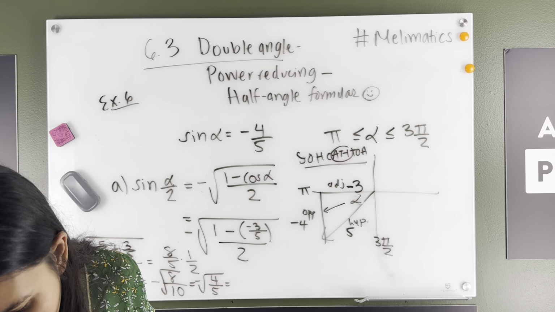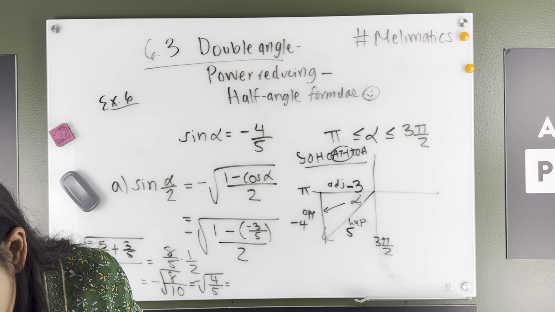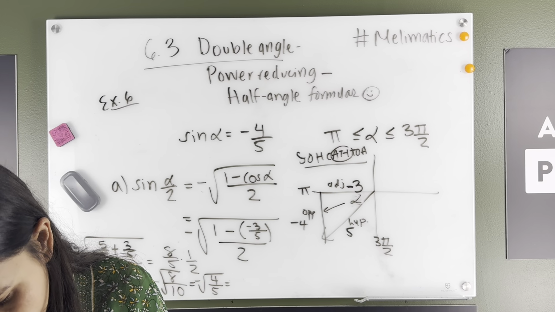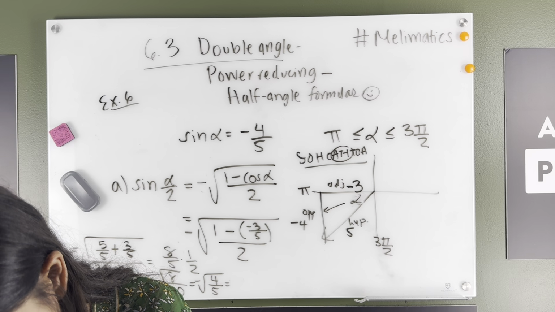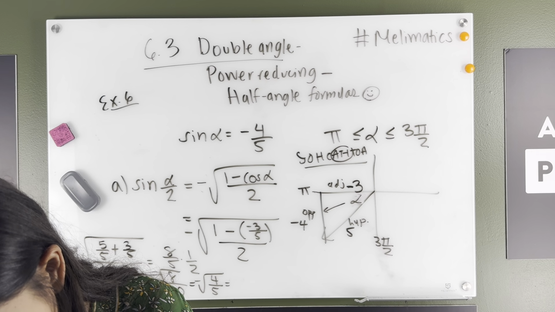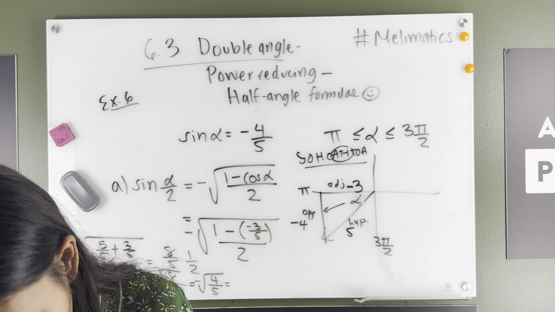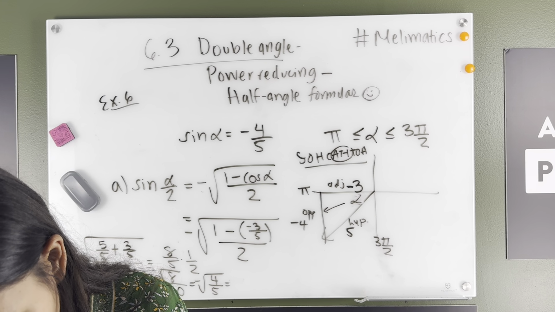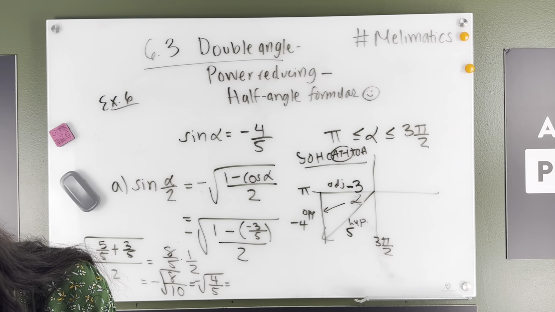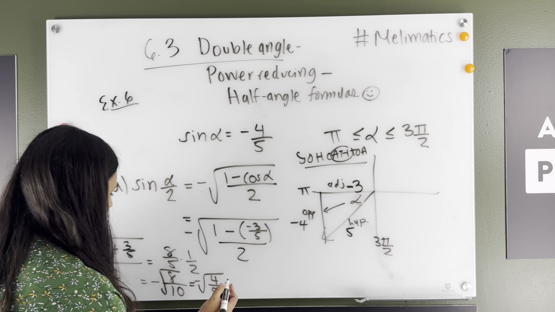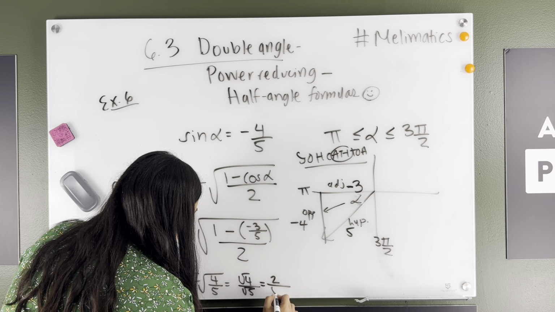So negative square root of 4 over 5. And that's it. I mean, you could split it into the square root of 4 over the square root of 5, which is 2 over square root of 5.